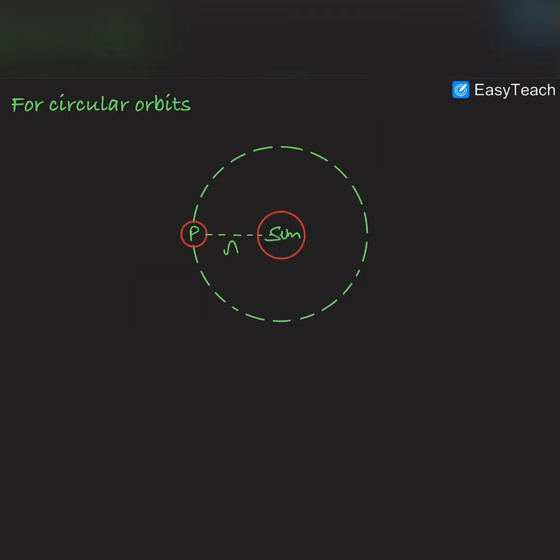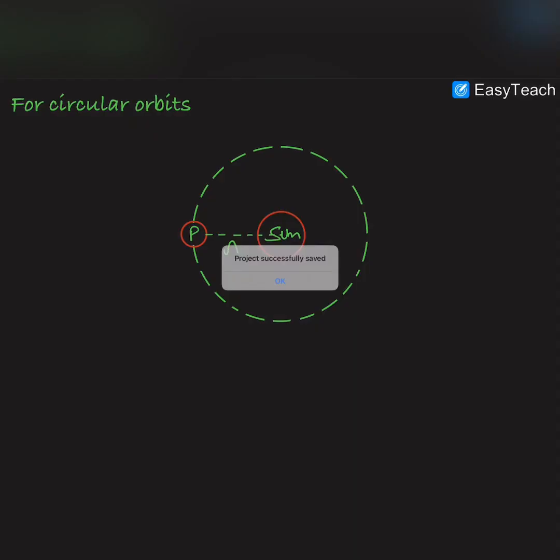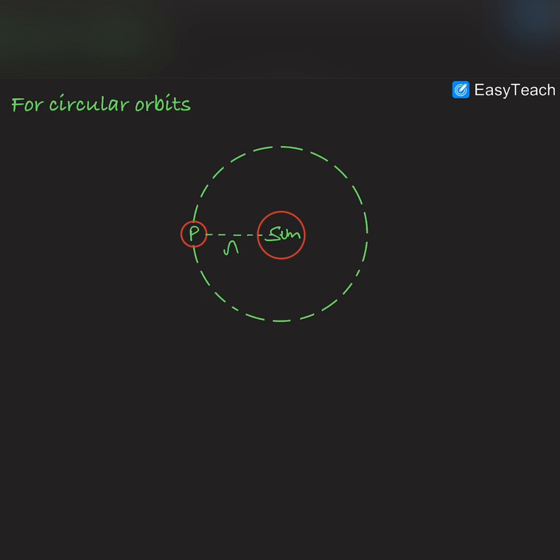Now if we derive this result for a circular orbit, then it is very easy. We can say that the force which is acting on the planet, pseudo force, is m r omega square, and it is being balanced by the gravitational force. So m r omega square is equal to GMm by r square, cancelling this m with m.